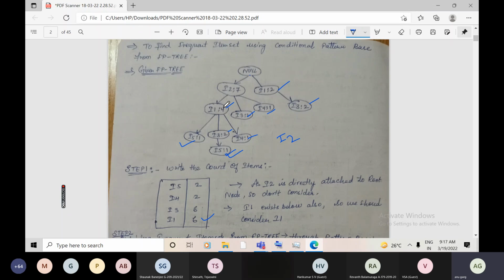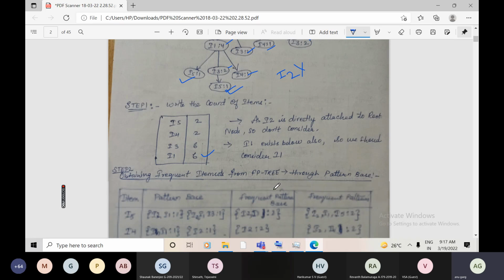If an element is connected to the root node and also present somewhere below, then you should consider it. But if an element is connected only to root and not present anywhere else, then you should not consider it. That's why we have eliminated I2.